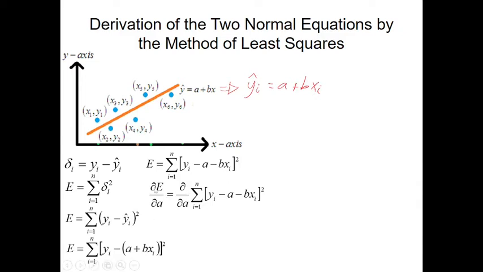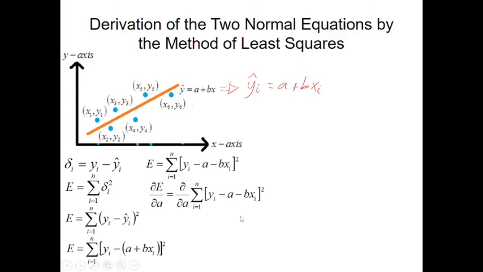Pag tinake natin yung partial derivative. So, ganun din dito. If we take the partial derivative of both sides of the equation, so we have partial derivative of E with respect to A equals partial derivative of the summation of y sub i minus A minus B x sub i squared from i equals to 1 to n.